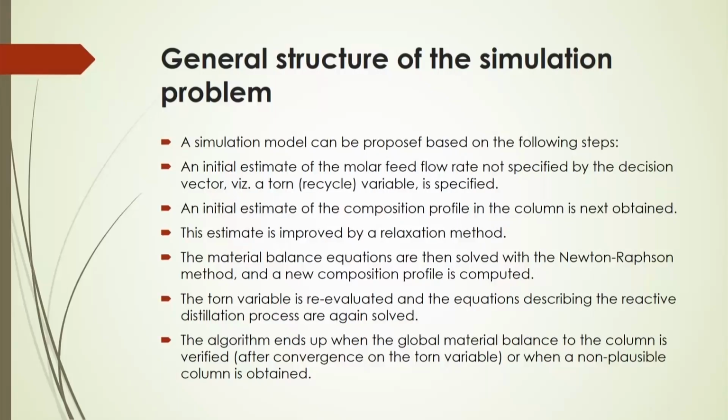An initial estimate of the composition profile in the column is to be obtained next, and then this estimate can be improved by a relaxation method. The material balance equations are then to be solved with the Newton-Raphson method, and then a new composition profile is to be calculated, and the tear variables are to be reevaluated.